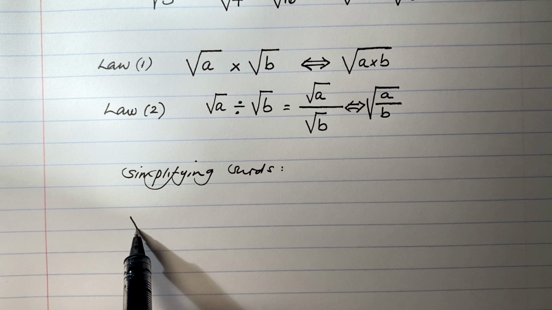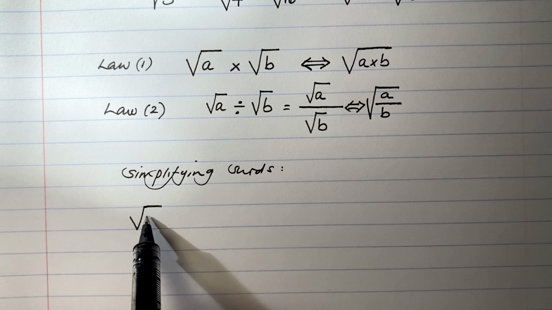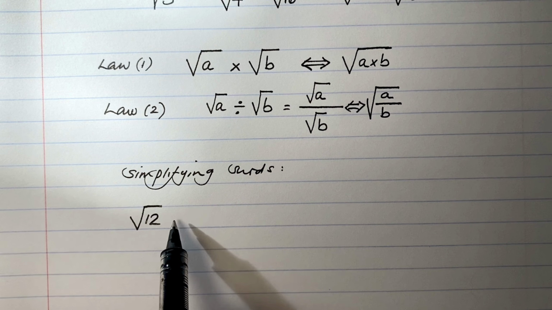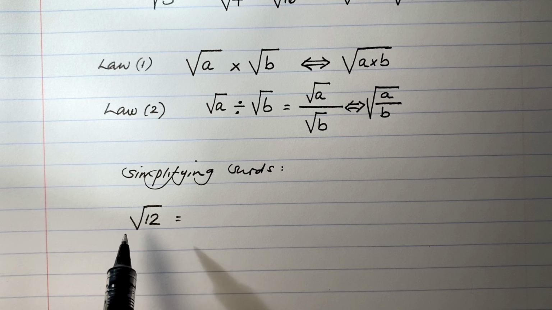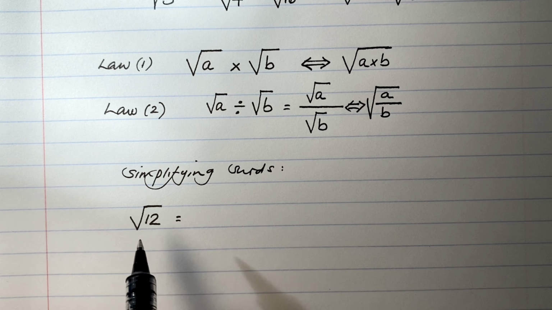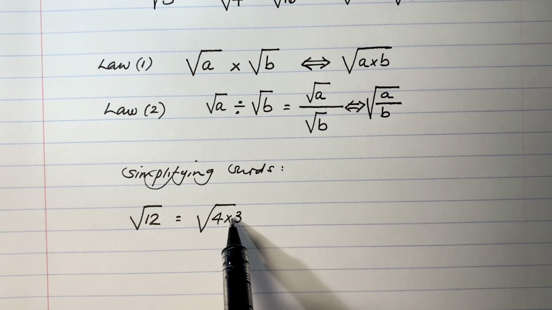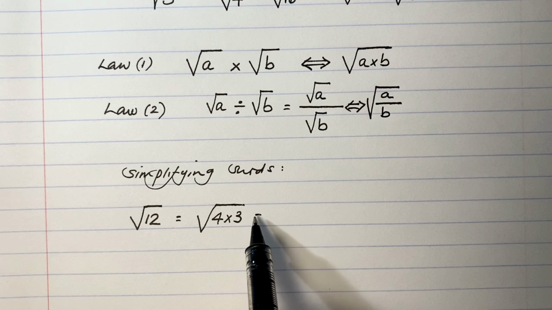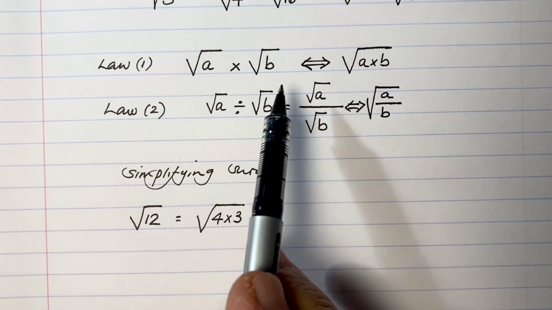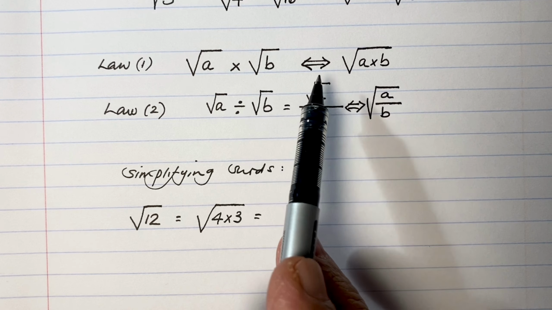I want to simplify root of 12. So I look for the biggest square number that I can divide 12 by. So that would be 4 times 3. And I can now split using law number 1 backwards.